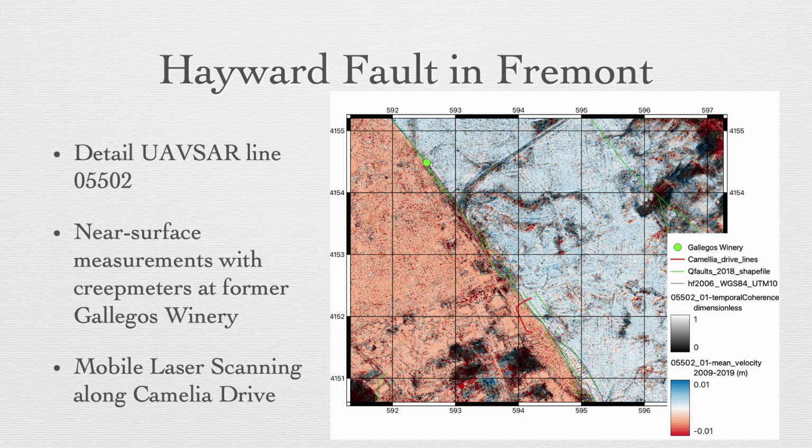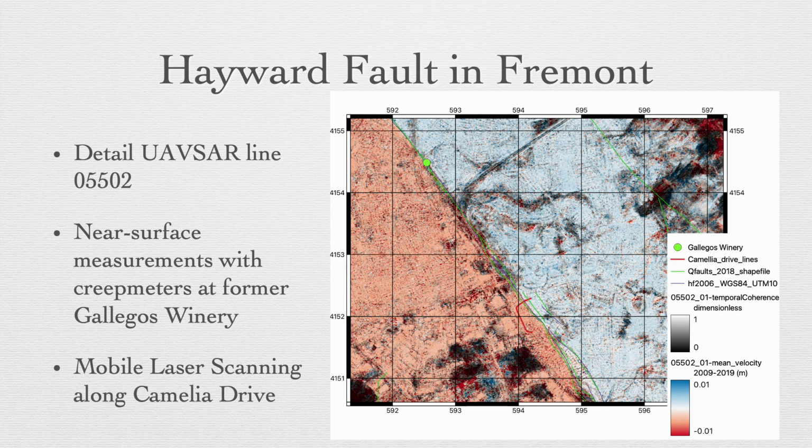These large black areas in the south are the areas of the Tesla factory and associated housing developments. This curved line that runs across the Hayward Fault is the Interstate 680 freeway.